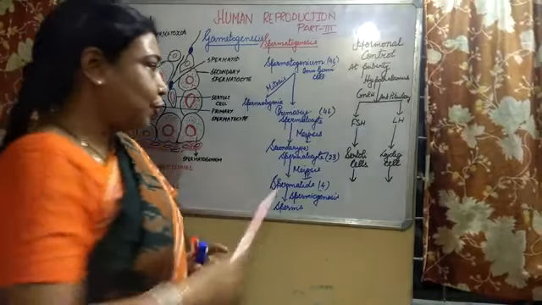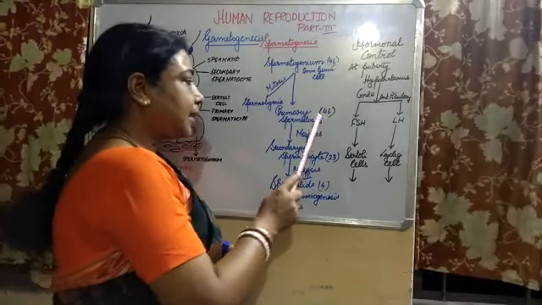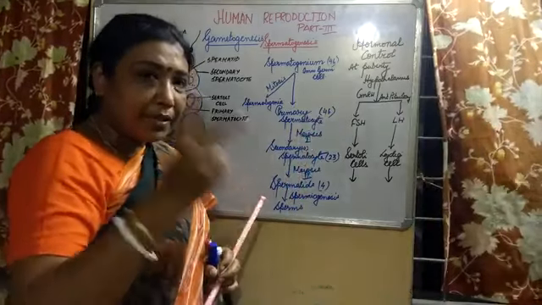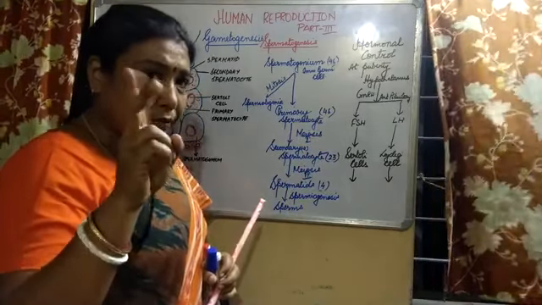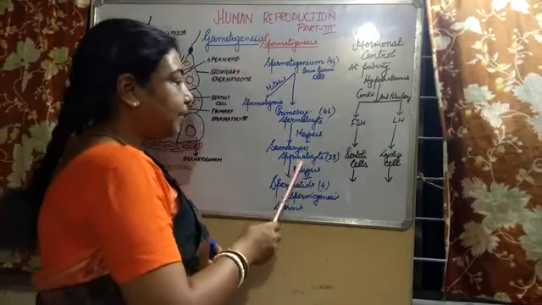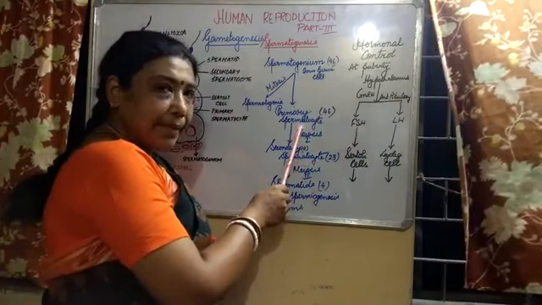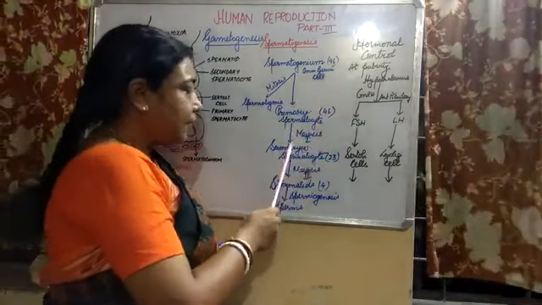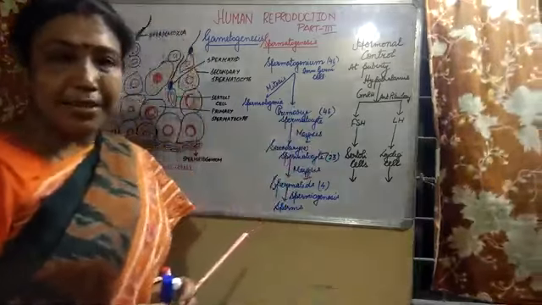Don't get confused. This primary spermatocyte will undergo meiosis 1. Because of meiosis 1, there will be formation of two daughter cells. They will be known as secondary spermatocyte. Primary spermatocyte, once it undergoes meiosis 1, will form secondary spermatocyte.